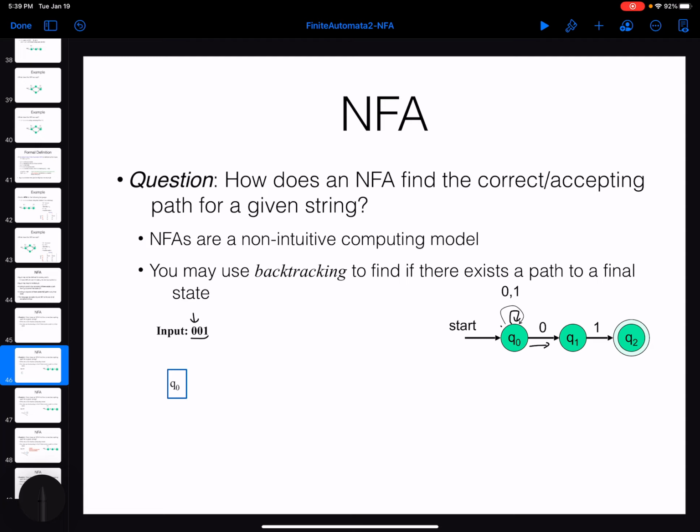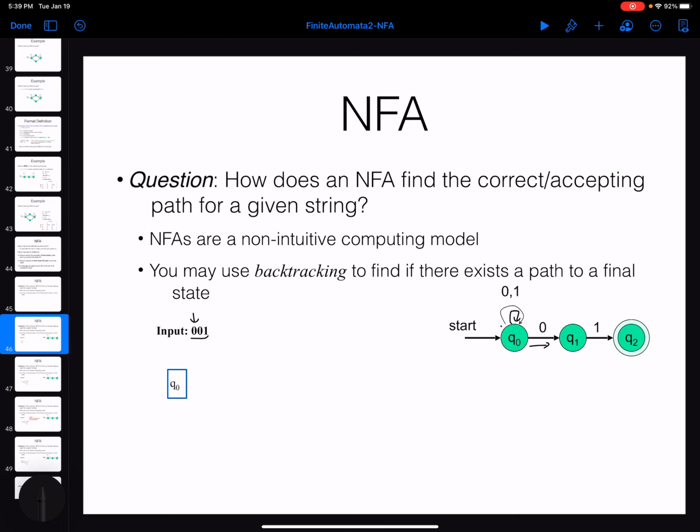So I will represent both of these states. I am going to show all of the possibilities. Let's first follow the first path. If I could find a path, that's enough.